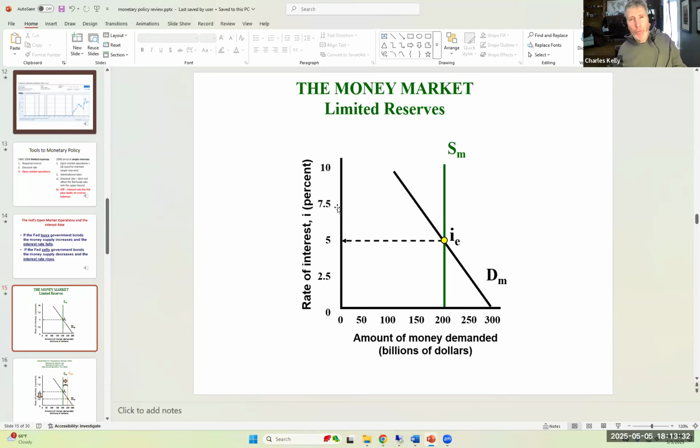So demand for money is made up of transaction demand for money and asset demand for money. When you look at the downward sloping demand curve, think, all right, we need money to facilitate every economic activity. That's the transactional demand for money. Every time an economic transaction takes place, we need money for that. So therefore, the transactional demand for money varies directly with nominal GDP. Asset demand for money, think opportunity cost of holding money.